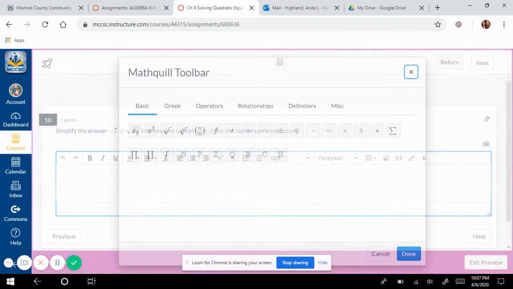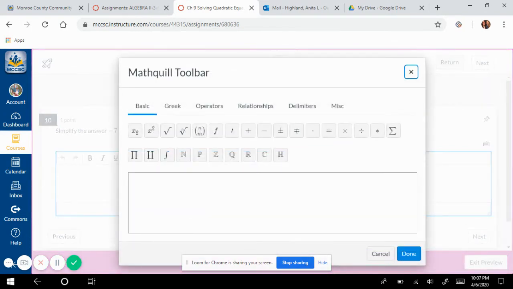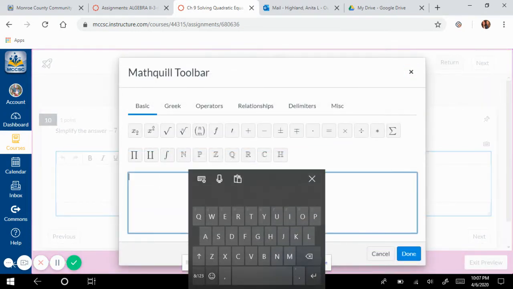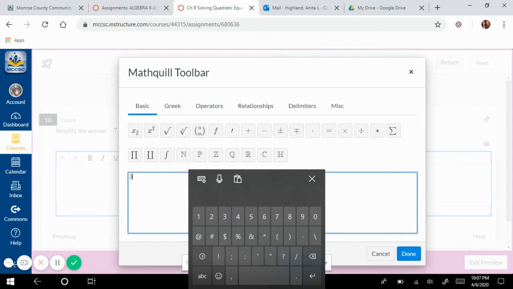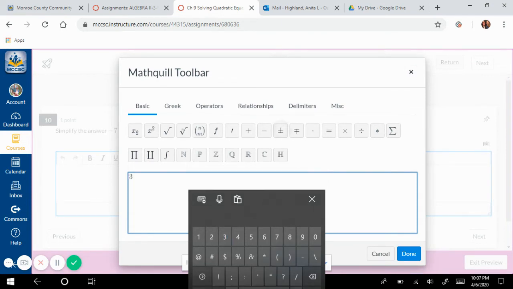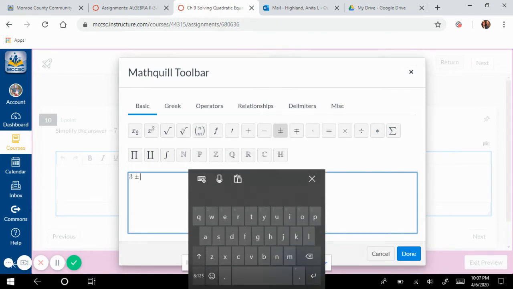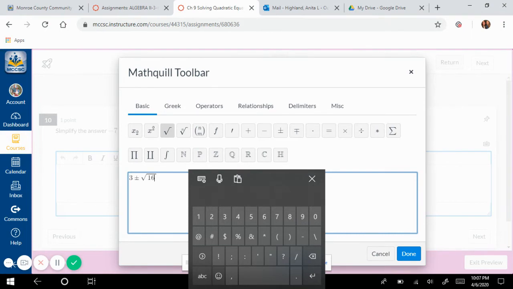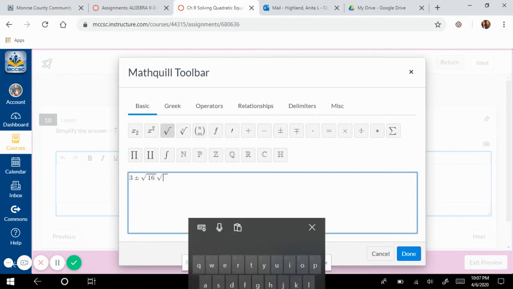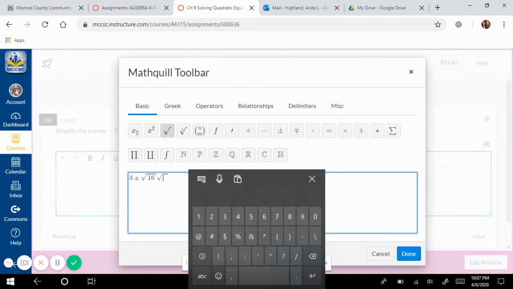So we could show our steps here if we wanted to. I wouldn't start by retyping the square root of 32. I would just change this to the square root of 16 times the square root of 2, because 16 times 2 is 32.